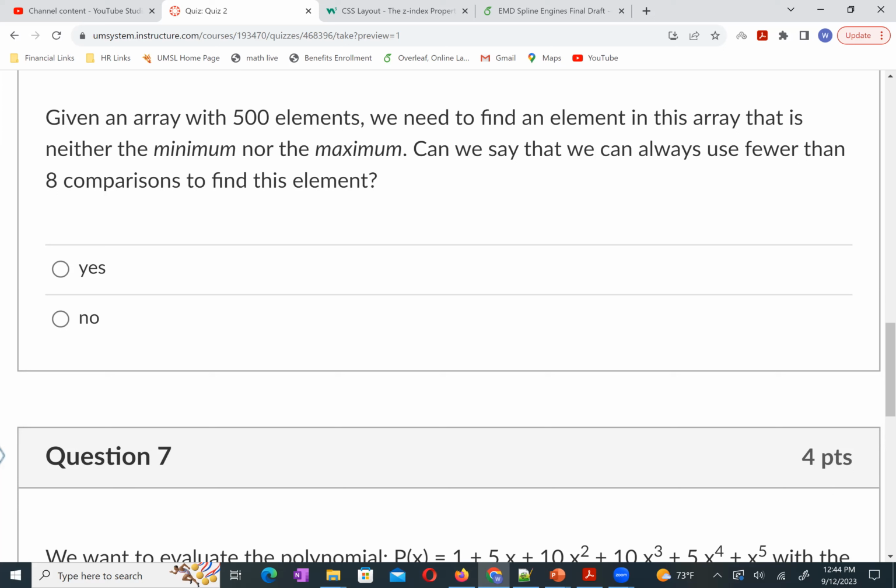If we can reduce to 100, can we reduce to 10 elements? The smaller the size, the fewer comparisons we need to find a solution. If we can reduce to 10, can you reduce even more along that direction to find a solution?